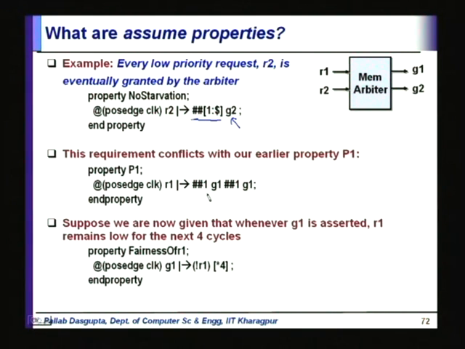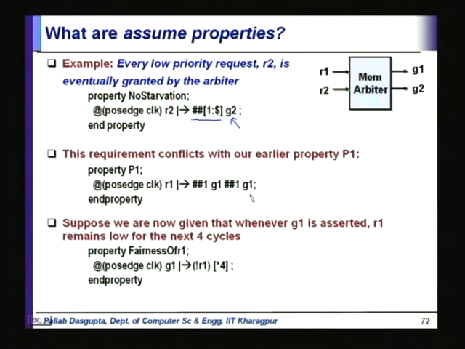First of all, do you see what is the conflict? R1 can be high forever. If R1 is high forever, then this property will imply that G1 has to be high forever.